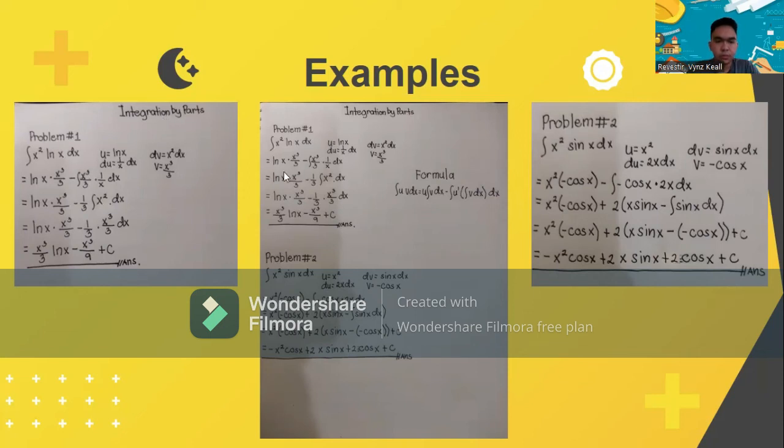So, the integral of u, which is ln x, times v dx. So, v is equal to x cubed over 3, so ln x times x cubed over 3 minus u prime, the integral of x cubed over 3 times 1 over x dx.